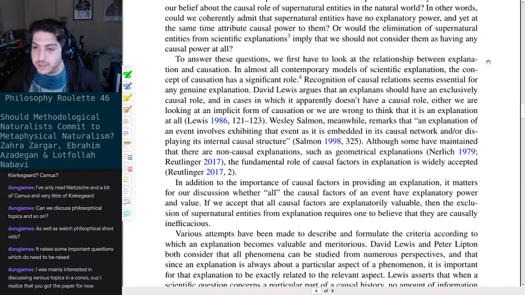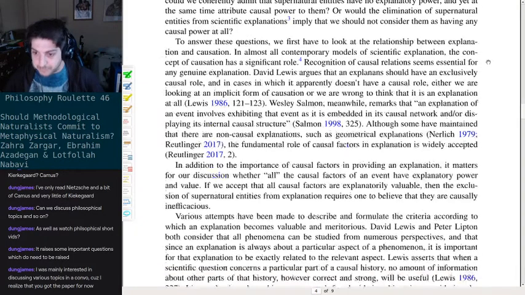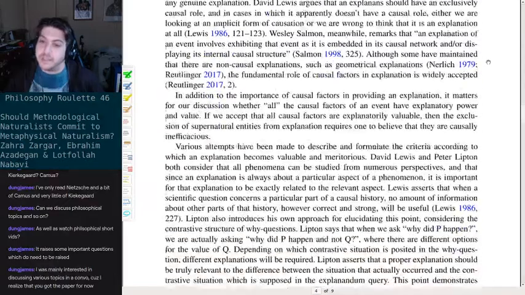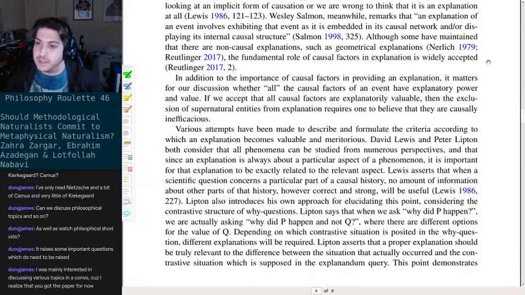Wesley Salmon, meanwhile, remarks that an explanation of an event involves exhibiting that event as it is embedded in its causal network and/or displaying its internal causal structure. Although some have maintained that there are non-causal explanations, such as geometrical explanations, the fundamental role of causal factors in an explanation is widely accepted, especially in scientific areas.